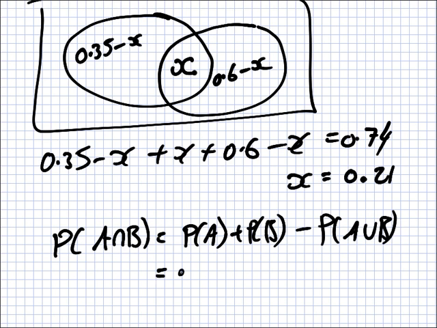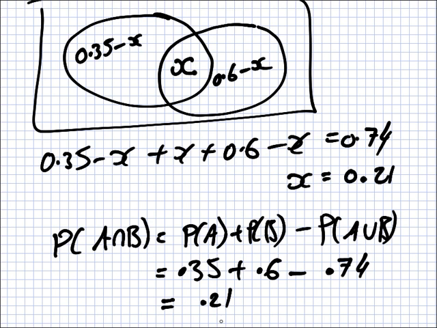That would be 0.35 plus 0.6 minus 0.74. That gives you in the picture the X, which is also 0.21. So you have two ways to do this, whichever you prefer. So that's 2 marks.